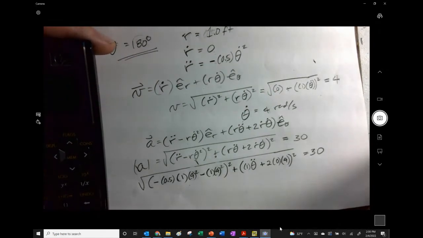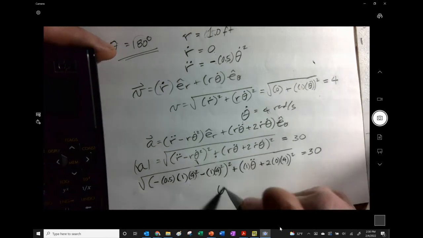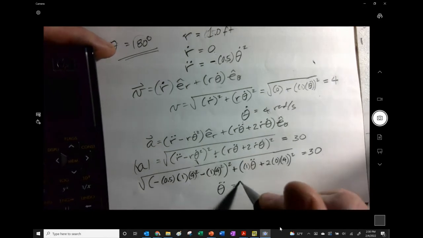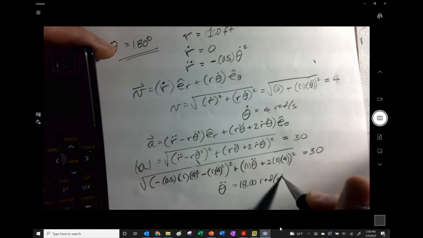We'll square it, but it's over on the other side, so I'm going to subtract it and then square root it. Do we get 18? Yeah, we get theta double dot is equal to 18 radians per second squared.